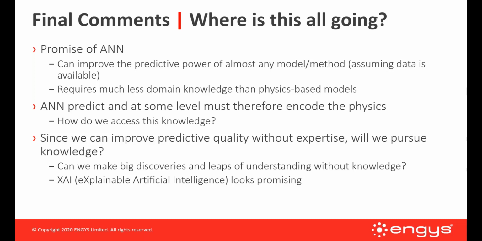Because I think that in order to make the big leaps, the big discoveries, we need to understand. There's some interesting work being done in this direction. Something called explainable artificial intelligence looks very promising, but I think that's really where we need to do a lot of work, a lot of thinking, on how we leverage what the AI is learning to make us more experienced and more knowledgeable about the subject as well.